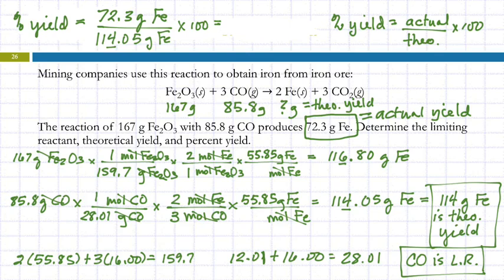And that should have 3 significant figures. 63.393%, which I would round to 63.4% yield.